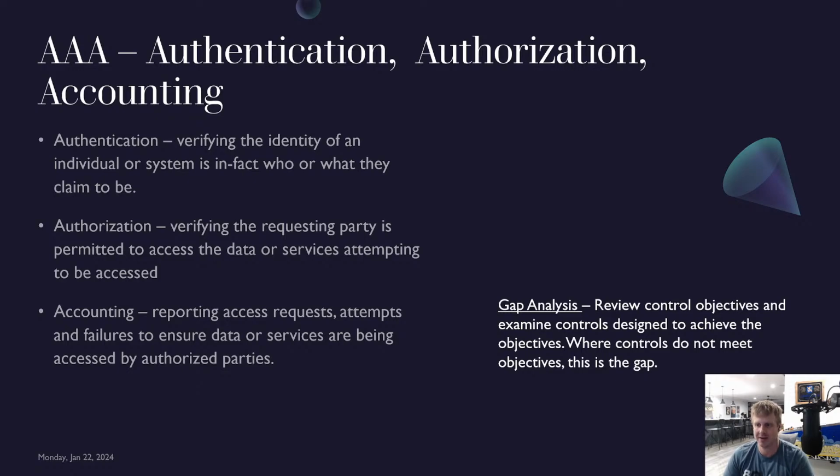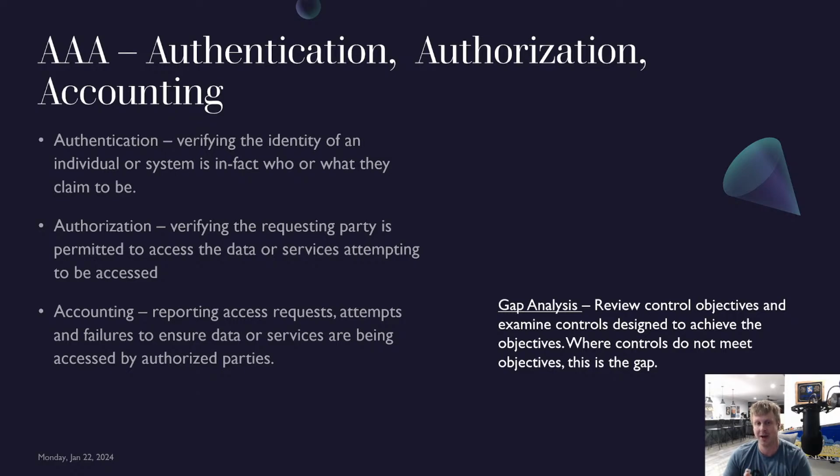Your AAA, you will see this a lot as well. And this is your authentication, authorization, and accounting. So big thing here is the difference between authentication and authorization. Authentication is being able to verify somebody's identity. So being able to verify that that individual or system is who they say they are.